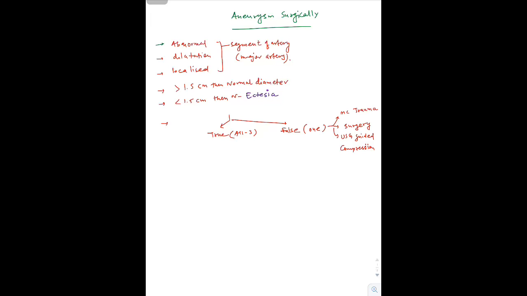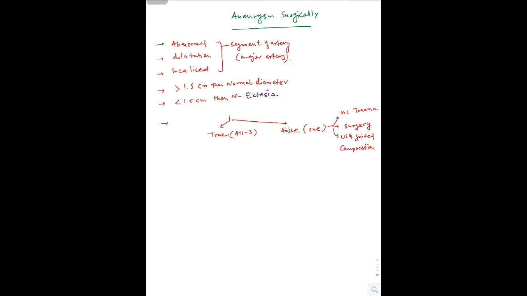And if the person is having true aneurysm, then there can be two possibilities. Either it can be more than some limit, which is an indication for surgery, or it can be less than that limit, then we'll go for conservative treatment. So just suppose we take an example of aorta over here.